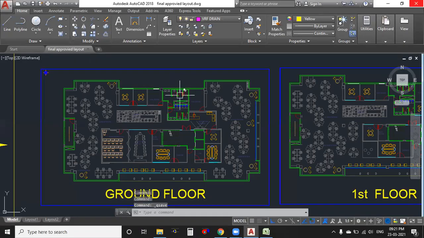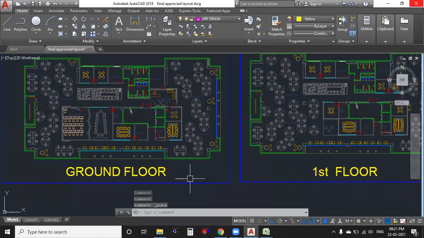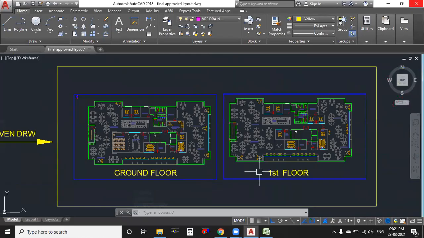If you see here, we have two buildings. One is the ground floor, another one is the first floor. We got this layout from the architect. In this layout, we have to calculate everything.